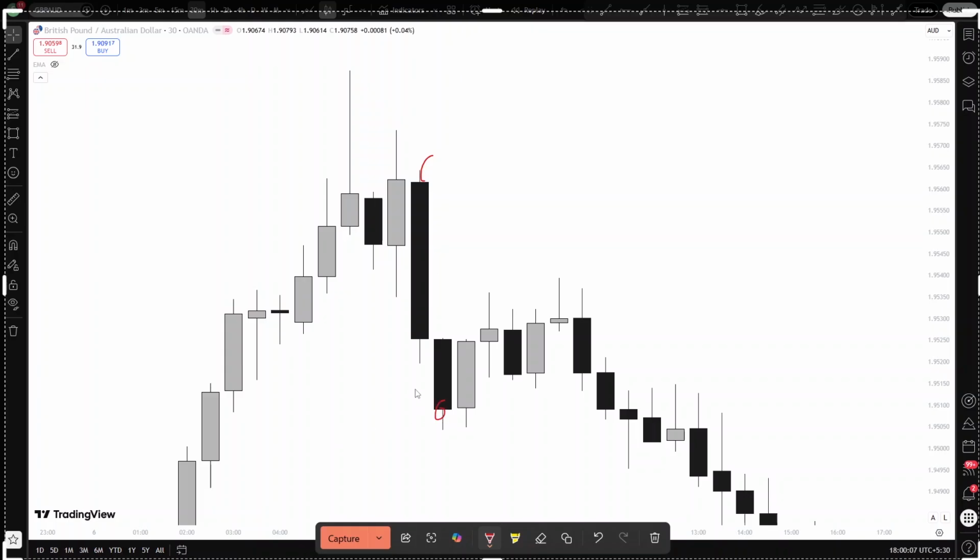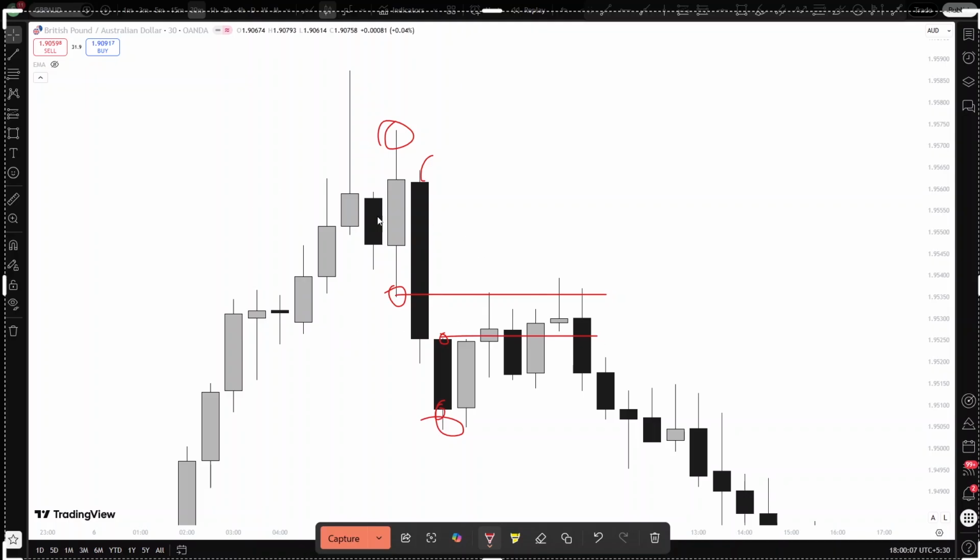So where is our fair value gap? When we are looking at the fair value gap, we have to pay attention to this candlestick and this candlestick. Do we have a space in between where the wick did not meet the other wick? Yeah, we have. So there is a fair value gap here.